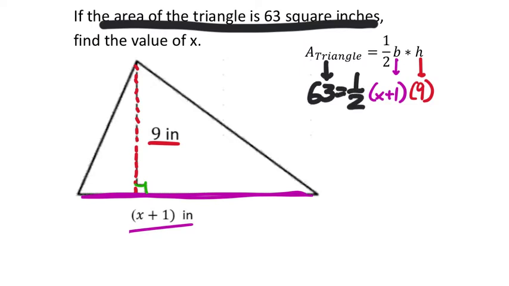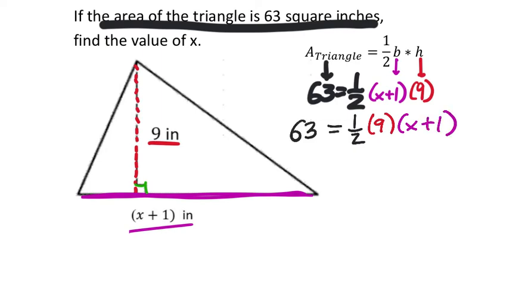Now be careful, because at this point some students are like, I got to do double distribution. You don't. You do not have to do double distribution on this one. What I would like to do, since it's all multiplying, is to rearrange the multiplication with the commutative property of multiplication. Do you have to do this? No, you do not. I'm going to take my 1/2, multiply it by 9, and then multiply that by x plus 1. Now this still equals 63.